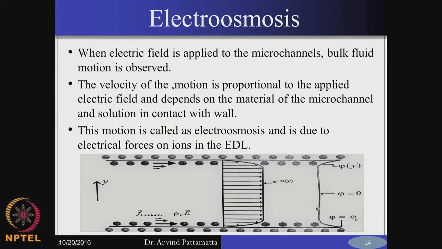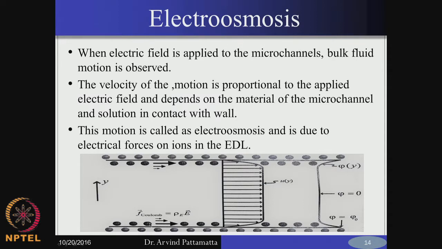And now, if you apply an electric field, what happens? The electric force acting in the momentum equation will be rho e times E. That means wherever you have a positive finite value of the local net charge density, you will experience an acceleration.